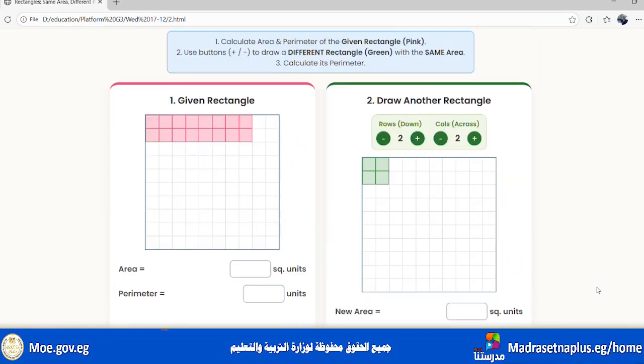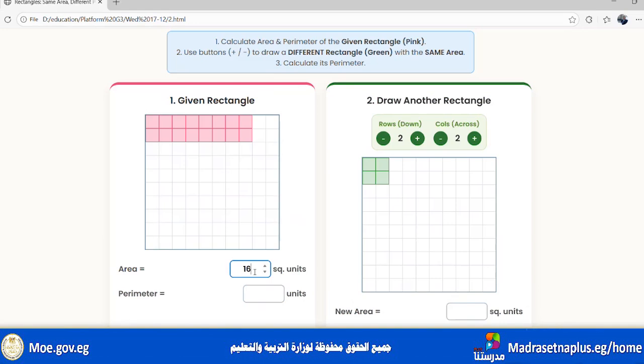On the left, we have a rectangle. Let's count its squares to get its area, or let's multiply rows by columns. How many rows? 2. How many columns? 1, 2, 3, 4, 5, 6, 7, 8. So 2 times 8, it will be 16. That means the area of the left polygon, the pink one, is 16 square units.